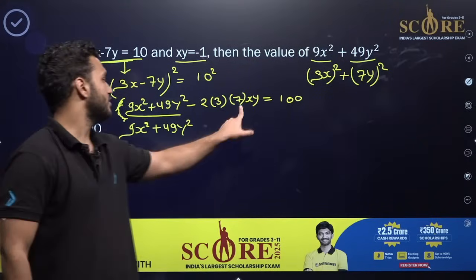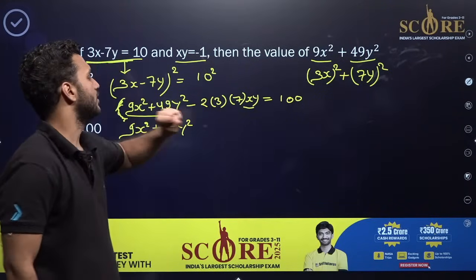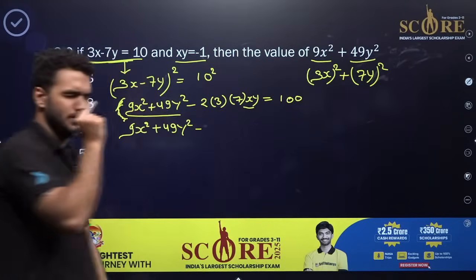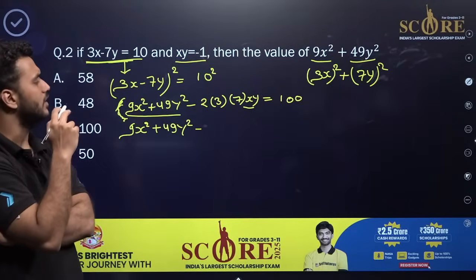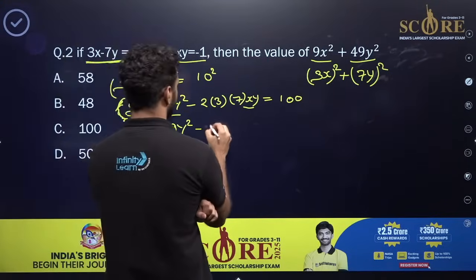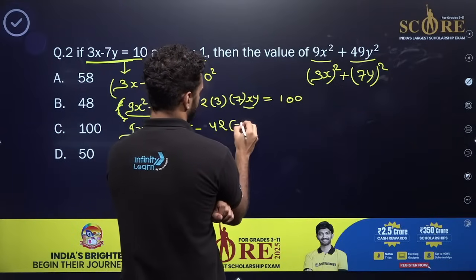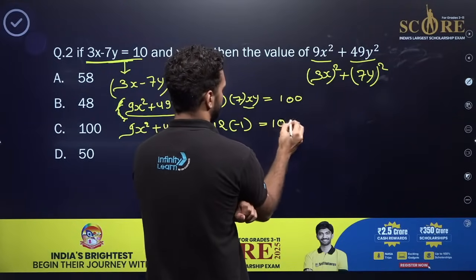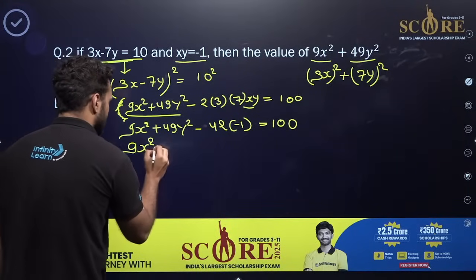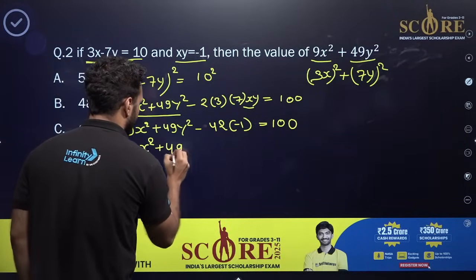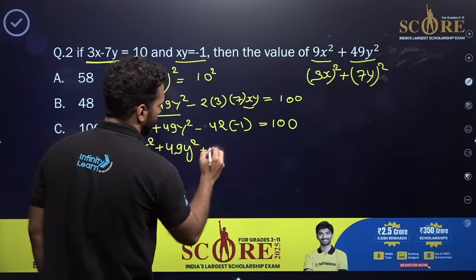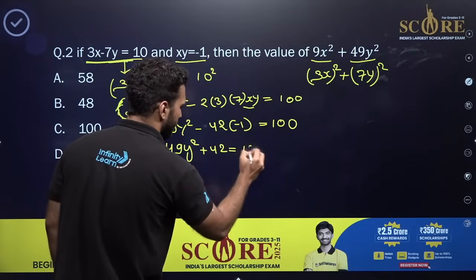Now, do we have the value of x into y? Yes, sir, -1. If I put -1 here, see, 2 3s are 6, 6 7s are 42, and I am having a -1 here, equal to 100. Now 9x square plus 49y square, minus into minus plus 42, equal to 100.